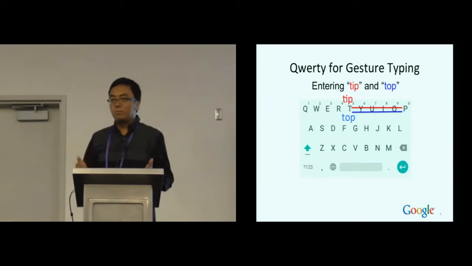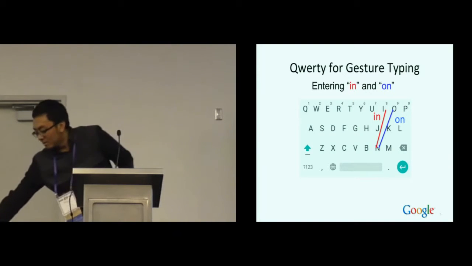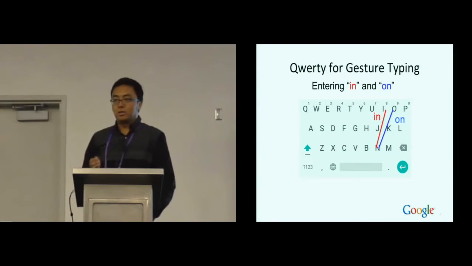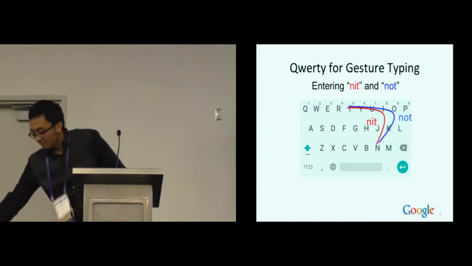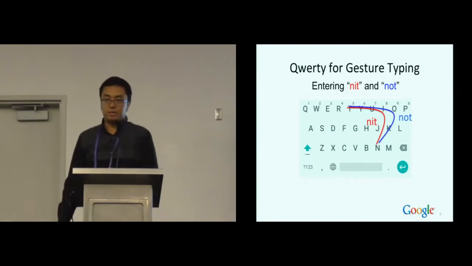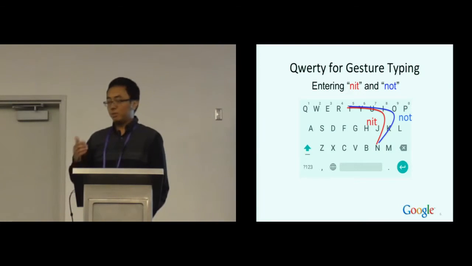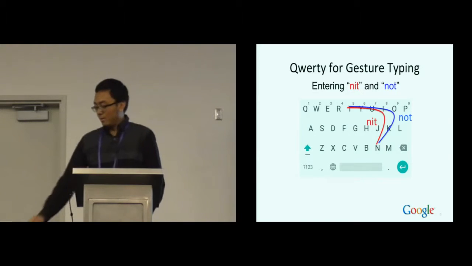Tip and top are two very common words, and they have identical traces on a gesture keyboard. And here, for E and on, two very common words, because I and O are placed together, they have very similar shapes, so the decoder often gets confused about which word you intended to enter. Here's another example. Need and not have very similar shapes.